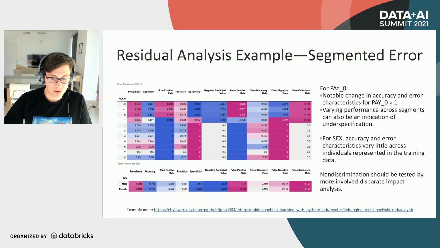The bottom picture looks a lot better than the top picture. So again, what I'm suggesting is analyze error across important segments. When we see high variance in error across important segments, that can be a clue into all kinds of problems. One called underspecification, which we'll talk about just a little bit at the end.